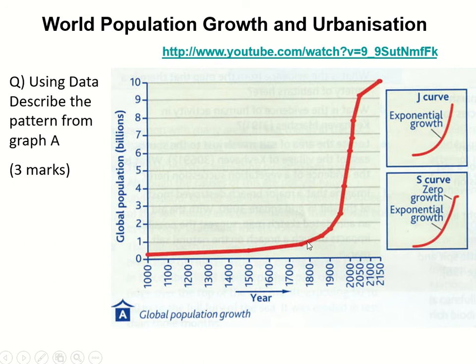By around 1800, the population reached about 1 billion and then grew exponentially, which is a great word, by the way, to today, with the population currently at around 8 billion globally, maybe between 7 and 8 billion. The population is expected to continue to rise, but at a slower rate from about 2050 onwards, and by 2150 should reach about 10 billion. There we go. We've described that.